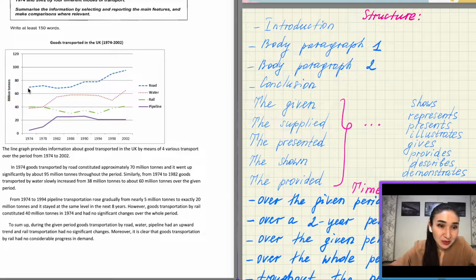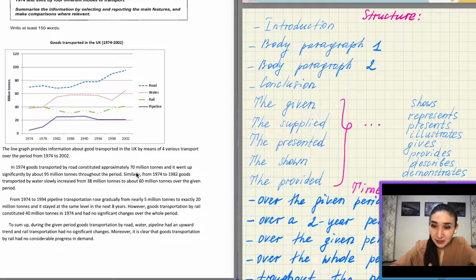I was describing that it constituted this value in 1974, and it increased until 95, which is a really high amount compared to others, reaching 95 million by the end of this period.